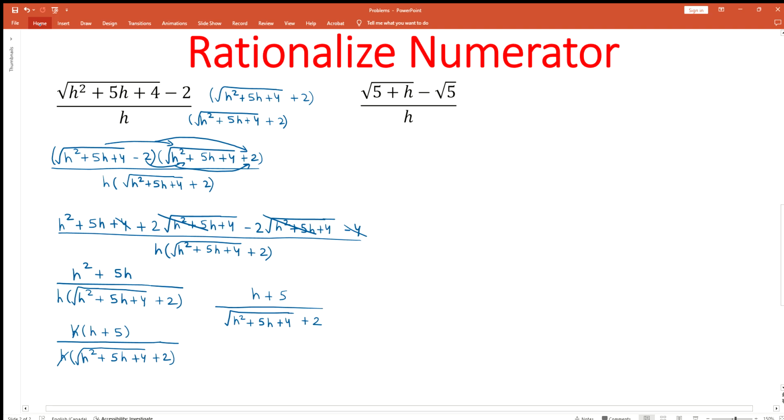We have to use the conjugate method because the numerator expression is made up of two terms, square root of 5 plus h and square root of 5. The conjugate of this numerator is square root of 5 plus h plus square root 5.